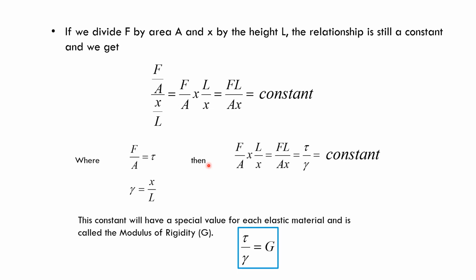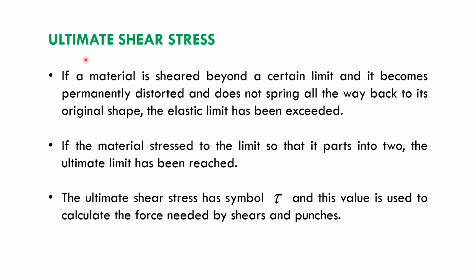So stress over strain is FL over Ax, which is the constant. This constant has a special value for each elastic material, and this is considered as the modulus of rigidity.